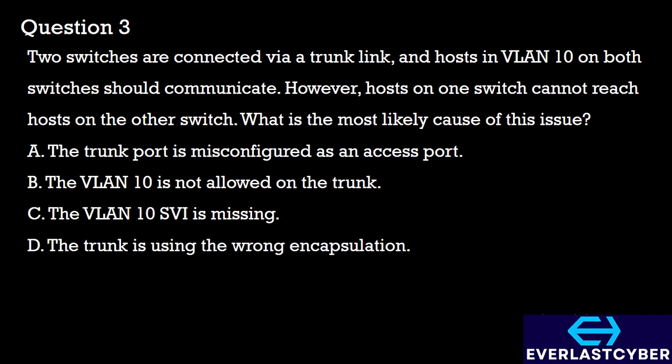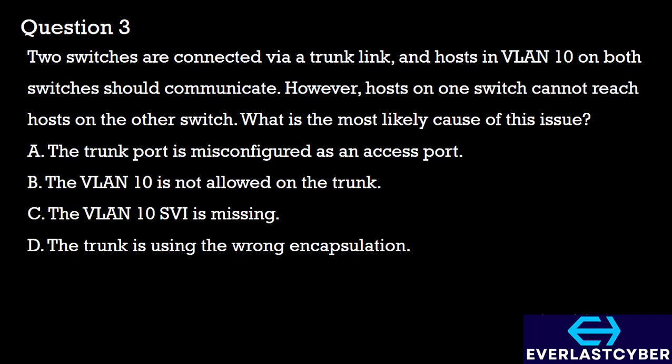Trunk links usually carry traffic for multiple VLANs, but they must be explicitly configured to allow specific VLANs to pass through. So in this case, if VLAN 10 is not allowed on the trunk, hosts on that VLAN would not be able to communicate with hosts in VLAN 10 on the other switch.